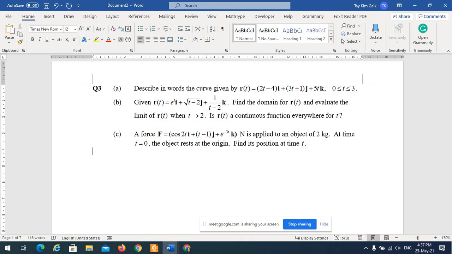Circle. Can you answer loudly? Circle, straight line, ellipse, or helix. Yesterday we covered 4 types: circle, ellipse, straight line, or helix. Last time we covered 4 types of graph given by vector valued function. Now pick 1 of them. Which one?